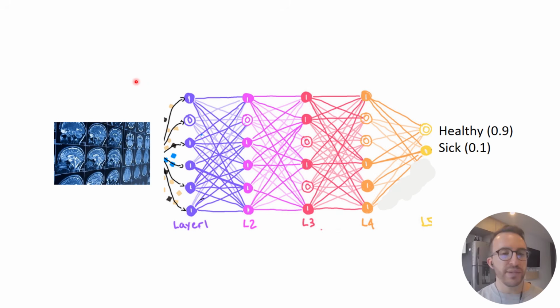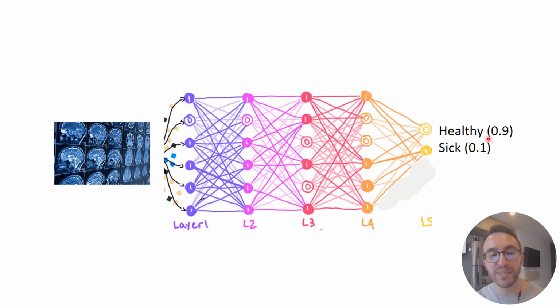Okay, now I just wanted to give you an example of how this can be applied in real life. Suppose that, just from historical data, you have a lot of medical scanning images of people who turned out at the end to be healthy and people who turned out to have been sick. So now you have all these medical images of, this scan, this person ended up being healthy, this scan, this person ended up being sick, and you have many of those.